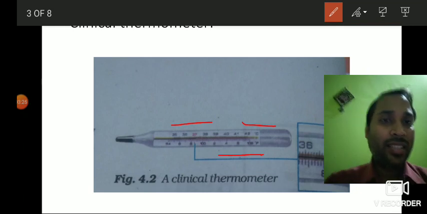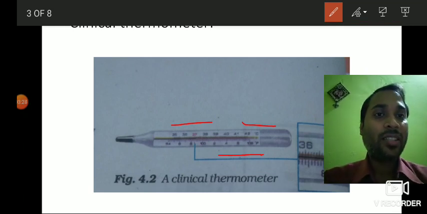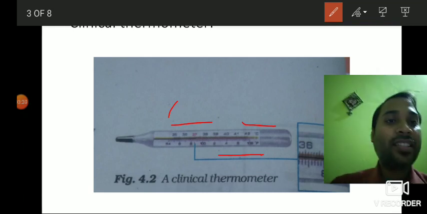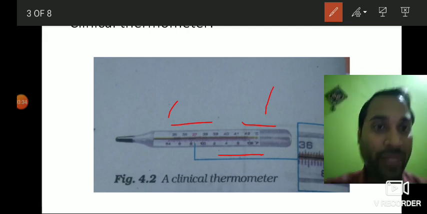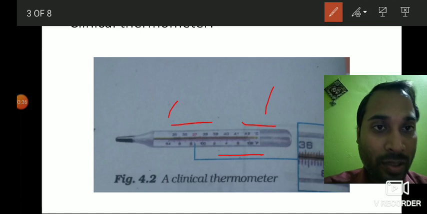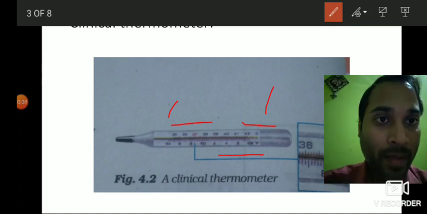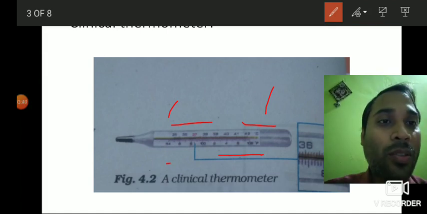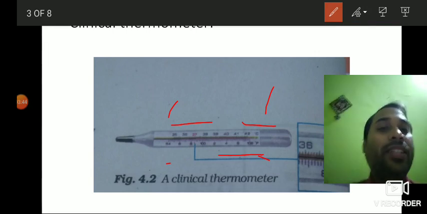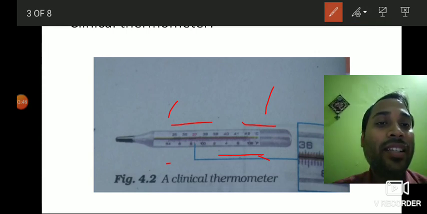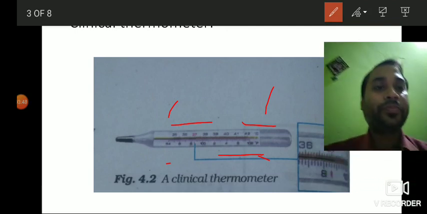The range of this clinical thermometer is from 35 degrees Celsius to 42 degrees Celsius, and in terms of Fahrenheit, we have 94 to 108. These are the two scales which you can see clearly in the clinical thermometer.